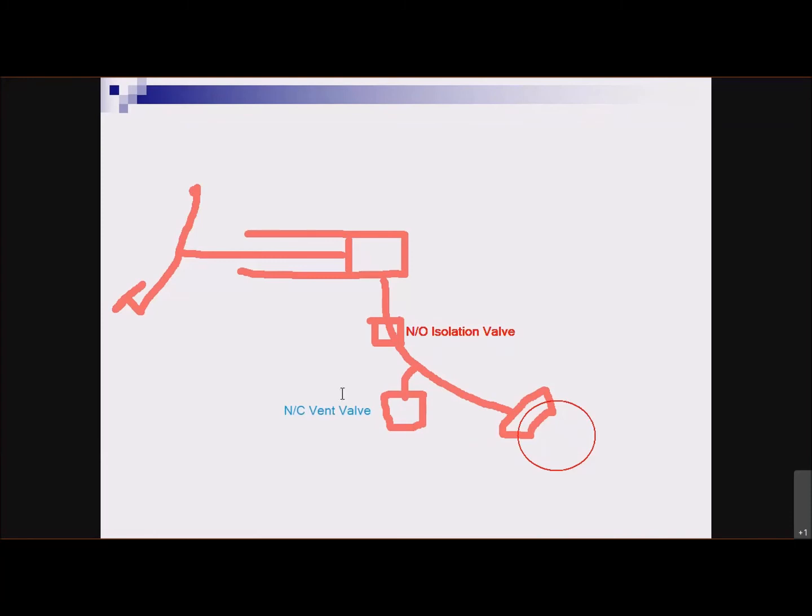And to indicate that it is normally closed, I'll just put an X through it, right? Okay. So again, both solenoids are de-energized. So this one's closed. This one here is open, and you step on the brakes. The pressure from your foot from that piston goes to the brake caliper.